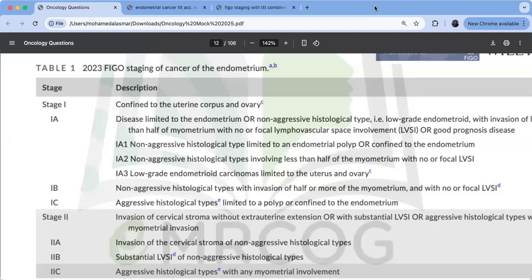But now, it is a trend nowadays that we have to have a further look into the histological grading. And the histological grading gives us an idea about the behavior of the cells. So if I told you there is a well-differentiated tumor, what do you understand about this?